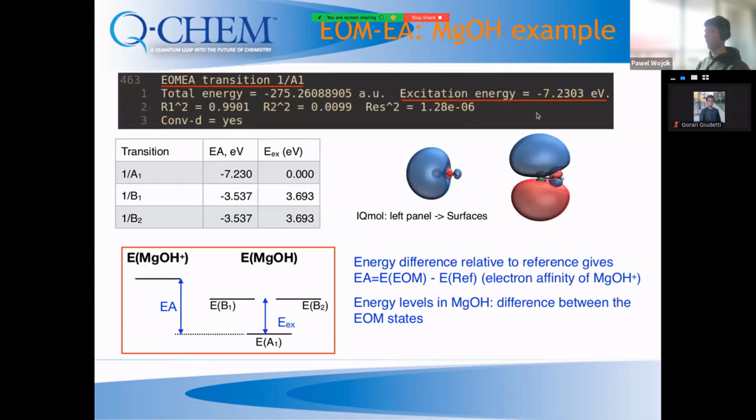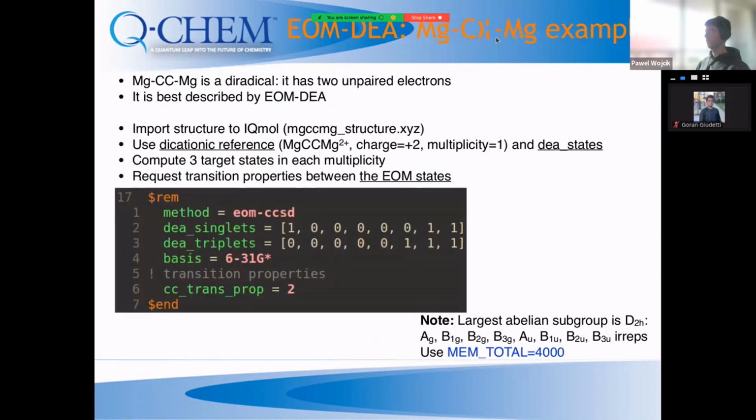And the example for EOM-DEA is two magnesium atoms separated by an acetylene linker. MgCCMg is a diradical, with 2 unpaired electrons. It's best described by the EOM double electron attachment method. To set up this example, import the MgCCMg structure into IQmol.